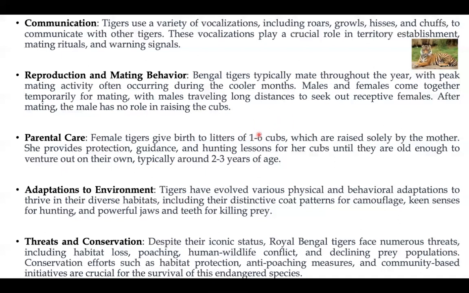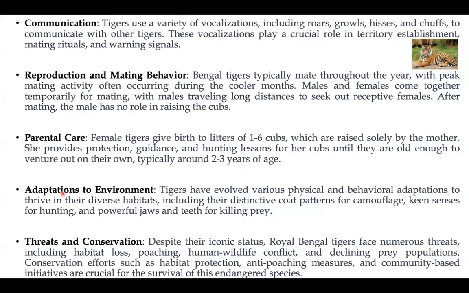Although most of these die, usually one or two survive at the end, and these calves are taken care of by the female until they grow up and become able to hunt by themselves. At around 2 or 3 years, they separate from their mother.